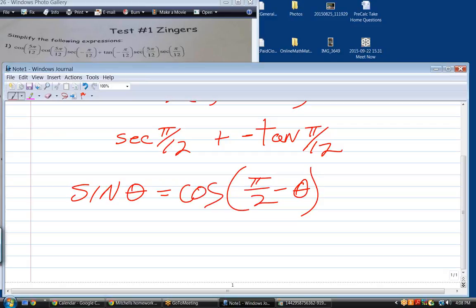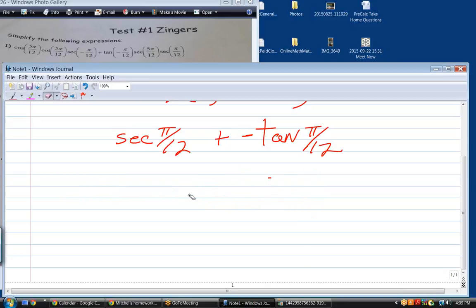Now notice that if we took pi over 2 and subtracted 5 pi over 12, we would have pi over 12. So I can replace each of these with something that has the angle pi over 12. That's our first step. So let's turn everything into pi over 12.